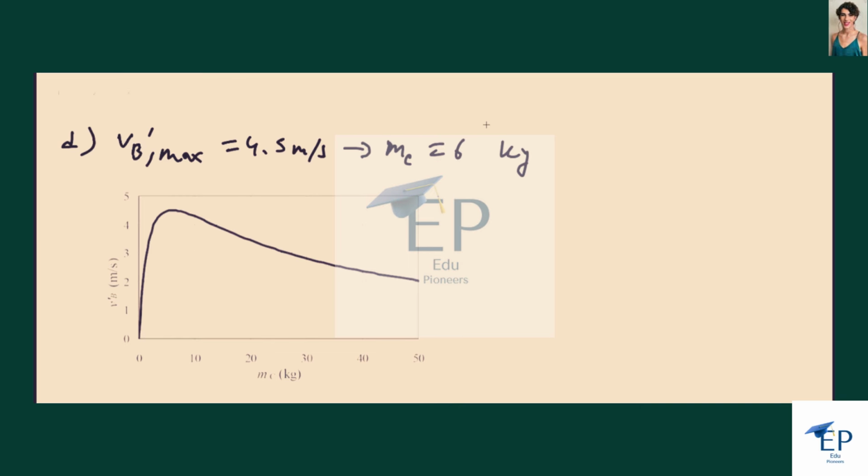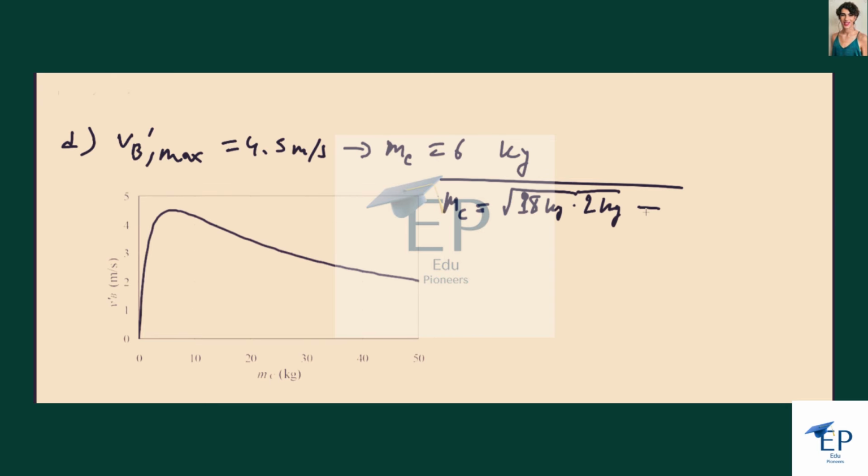And so we can test it out numerically. MC, from the values given here, is the root of MA times MB, so that's 18 kilograms times 2 kilograms.